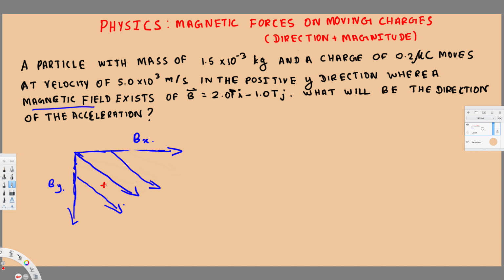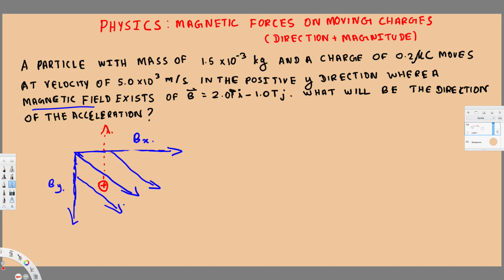So the charge is positive and it's going toward the y direction. Here, since the velocity is in the y direction, there's no force going to be in the y direction, so the force is only going to be in the x direction, right? So all you have to do is calculate the force in the x direction, and so that's it.